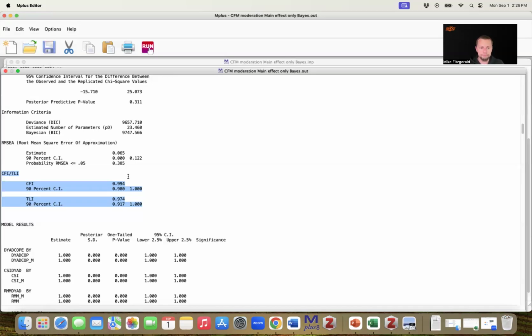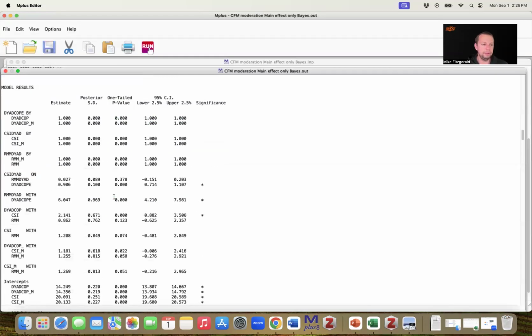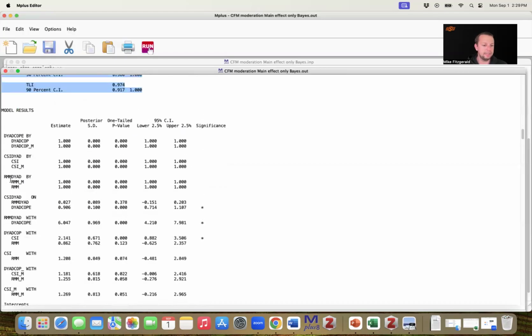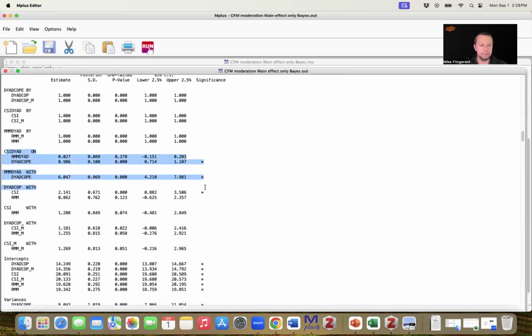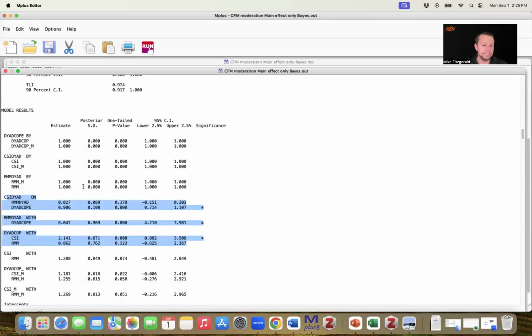There are going to be slight differences in those values because there's different information that's going into the estimation. But for the most part, you're going to get something that's really, really close, right? So we're actually going to scroll down. And again, this is the main effects only model. Again, we can get a general sense of what's happening, but when we look through and add in that moderation or that interaction term, a lot of these things can potentially change.